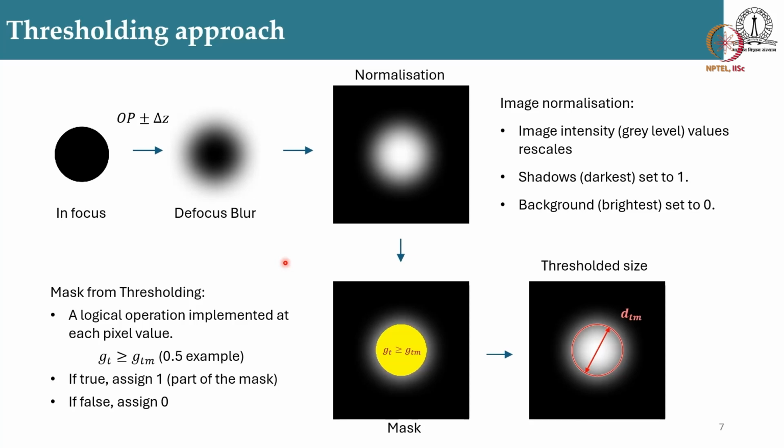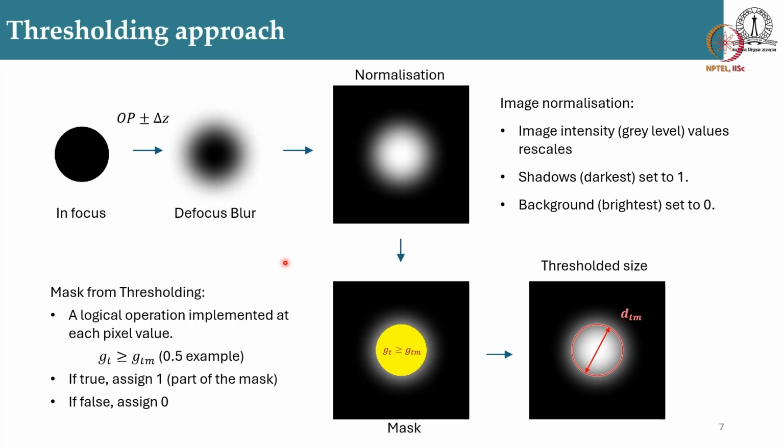So before going to that procedure, we normalize the image, as I have discussed earlier as well. We rescale the image from 0 to 1, where 0 values are assigned to the background. In the shadow imaging system, the backgrounds are usually bright. So the brightest points are set to 0, and in shadow imaging, the darkest points are associated with the particle.